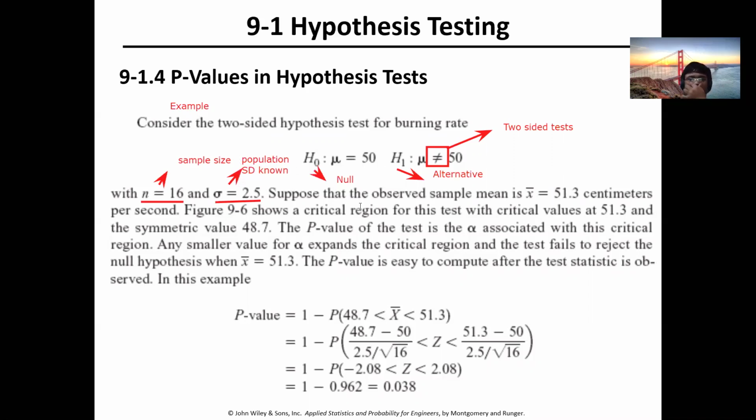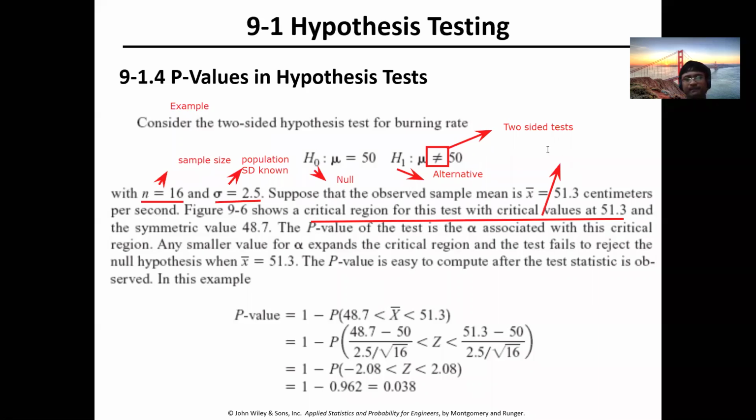Suppose the observation is that mu is 15 centimeter per second, and this shows the critical region. So these are the critical values.